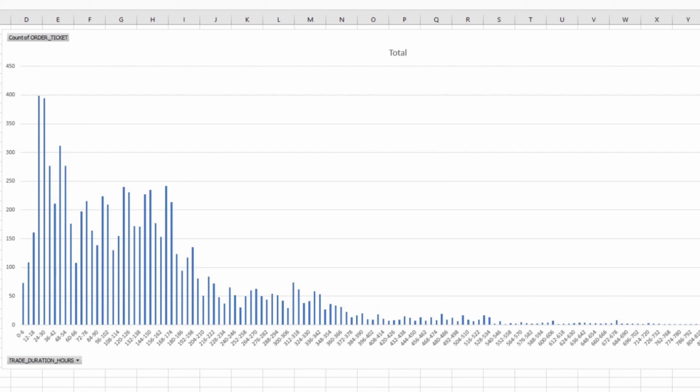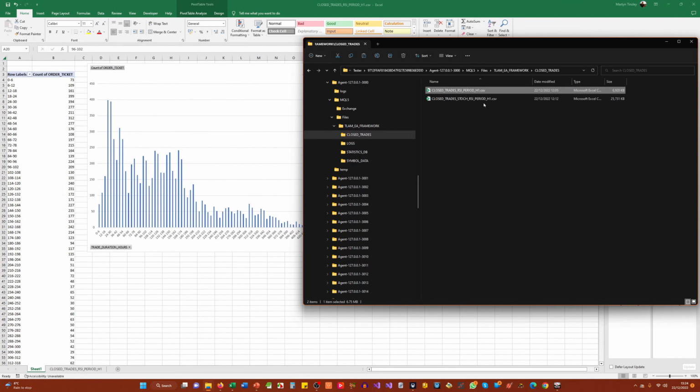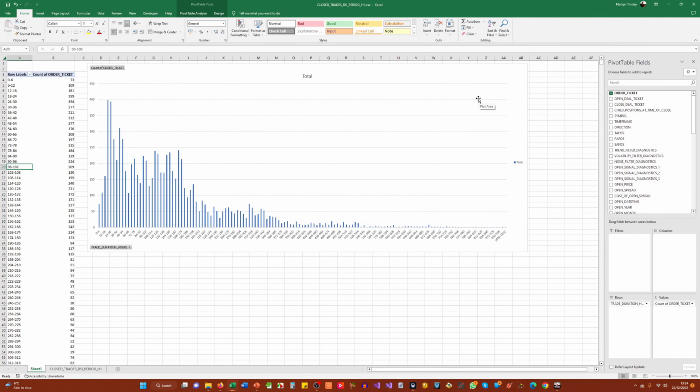So this now gives us some really valuable information. The first 4 bars here are all the trades that opened and closed within 24 hours. Everything to the right of this, which of course is the vast majority of the trades, were open for longer than a day. Now let's compare that with the stochastic RSI.